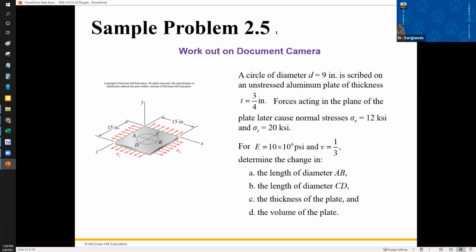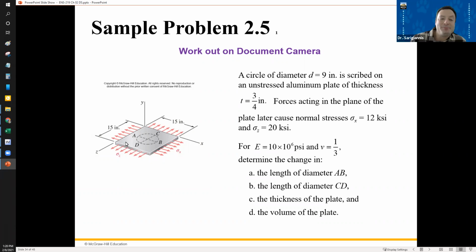And what does it tell you? It tells you a circle of diameter 9 inches is scribed on an unstressed aluminum plate, and the plate has a thickness of 3/4 inches. Forces acting in the plane of the plate cause normal stresses, and they give you the normal stresses: sigma x is 12 KSI and sigma z is 20 KSI.